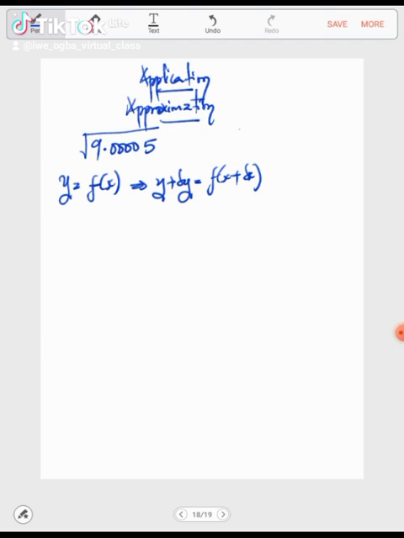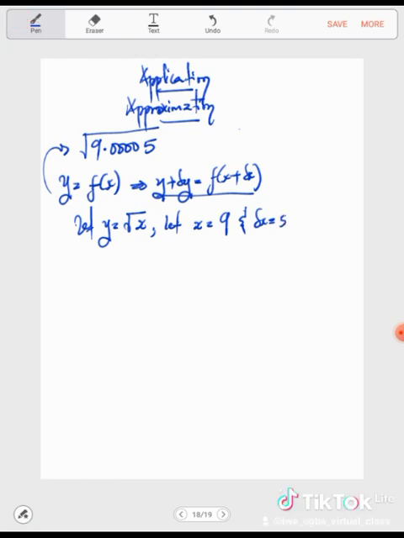Now let me define a function to handle this. Let y be equal to the root of x, and from this relation let x be equal to 9, and changing x, Δx, be equal to 0.0005, which is 5 times 10 raised to the power of negative 5.